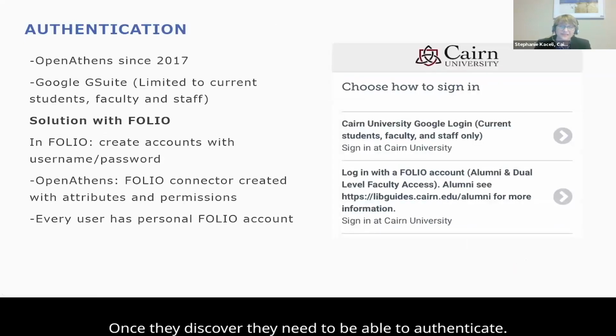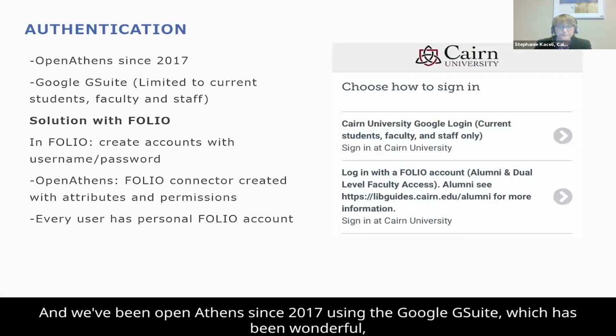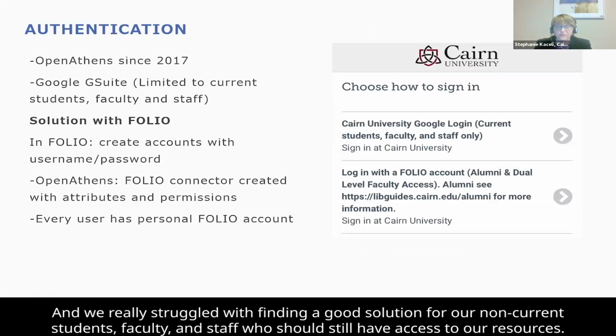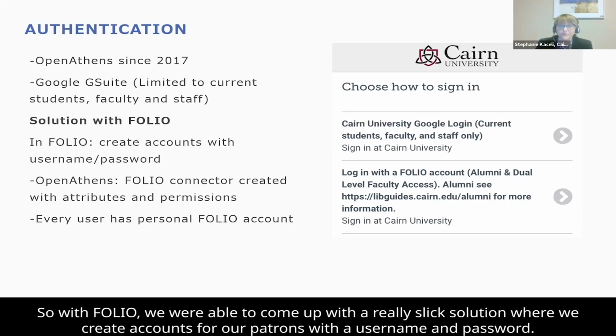Once they discover, they need to be able to authenticate. And we've been Open Athens since 2017 using the Google G Suite, which has been wonderful, but it's limited to current students, faculty, and staff. And we really struggled with finding a good solution for our non-current students, faculty, and staff who should still have access to our resources. So with Folio, we were able to come up with a really slick solution where we create accounts for our patrons with a username and password.